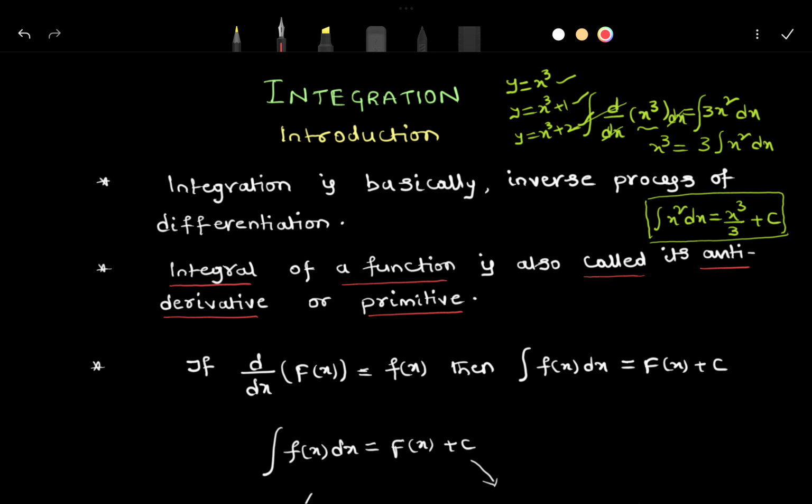In the above example, the integration of x square into dx is nothing but the antiderivative or primitive of x square. The primitive of x square is the integration of x square, or the antiderivative of x square is the integration of x square. This is only an example.